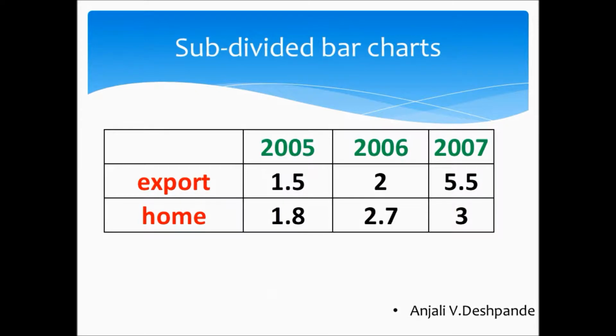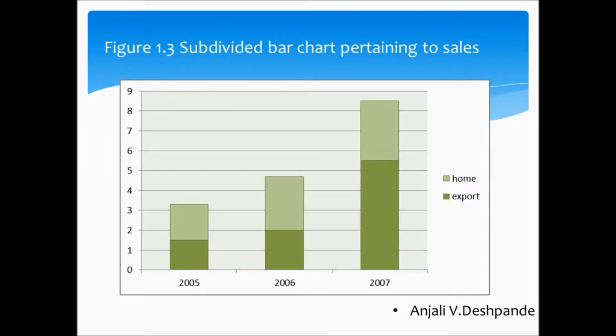2005, 2006, 2007, and you can see that the subdivided bar chart is there, which is depicting the data of sales in millions of rupees of some company. So what is the data pertaining to? It is pertaining to how much was sold at home, that means in the home country, and how much of it was exported.